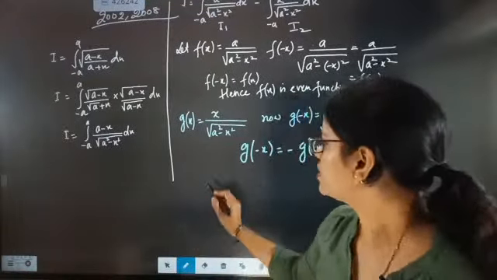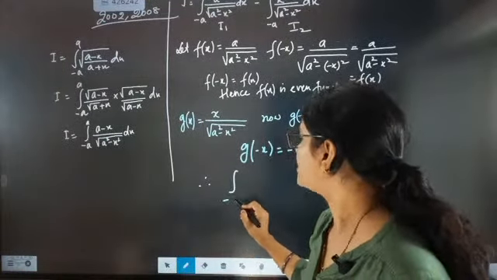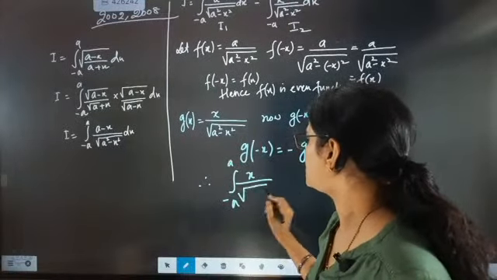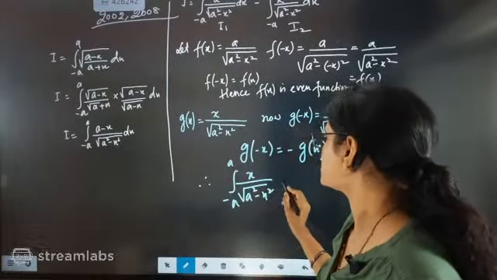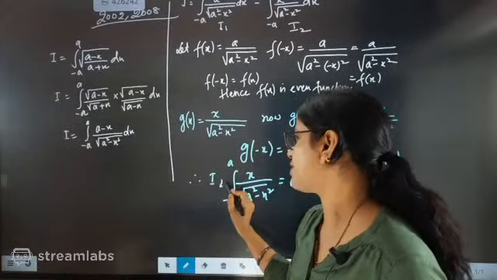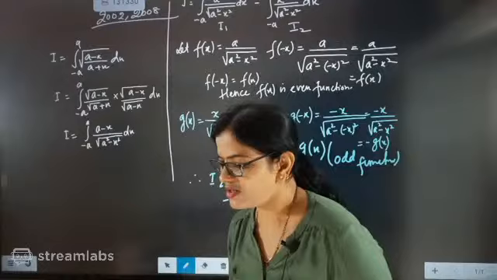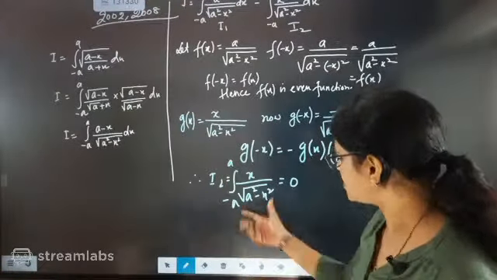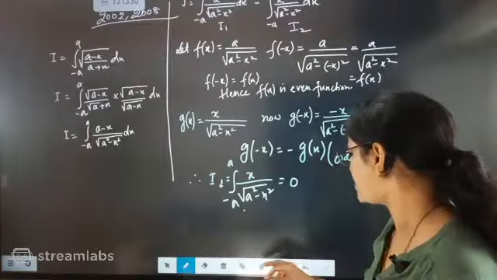It will become 0. Therefore the integral from minus a to a of x by root under a square minus x square will become equal to 0. So I2 part, directly we can say bye bye to I2 here only. We need not carry the I2 section. I2 is coming as 0.